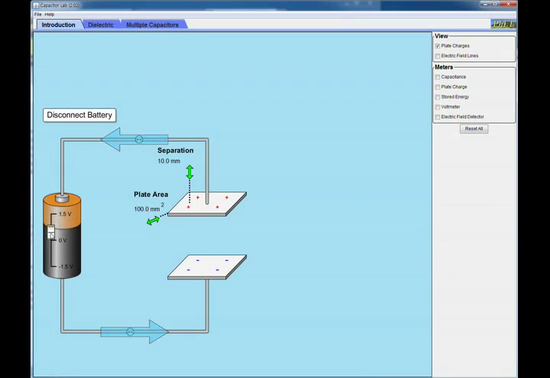Okay, as you can see, the arrows represent the current flowing, and then see what's happening. On these two conducting plates, you can see the positive charges are accumulating on the upper plate, while the negative charges are accumulating on the bottom plate.